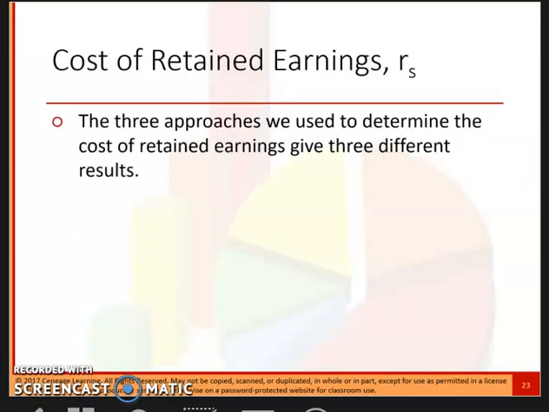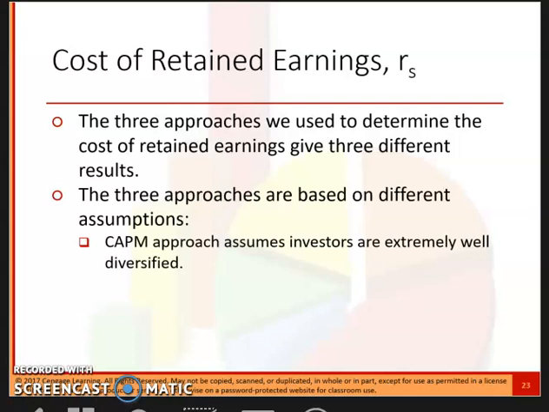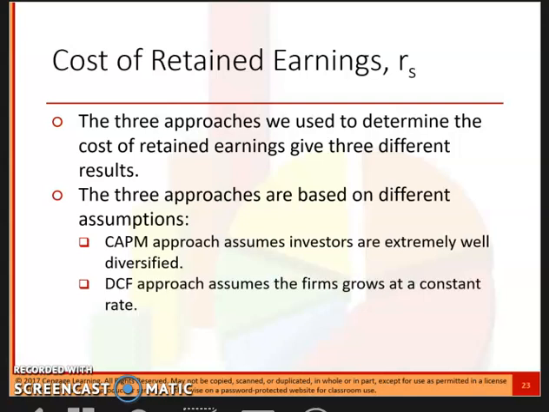The 3 approaches we use to determine the cost of retained earnings give different results. The reason is these 3 approaches are based on different assumptions. The CAPM approach assumes investors are well diversified, and many other assumptions that go along with the CAPM. The discounted cash flow approach assumes that firms grow at a constant rate. We know that's not realistic.